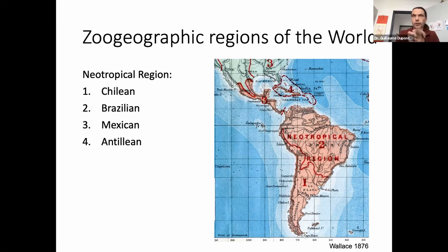So they are one area. And then he distinguishes what he called the Mexican region, which is Mesoamerica, all the way to the Isthmus of Panama, from Mexico here, and the Antilles. So they all have their specific fauna, even though they share largely many families and so on.